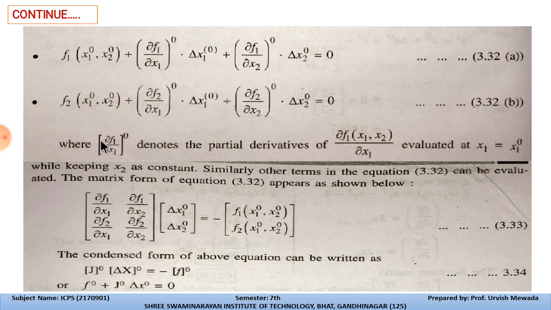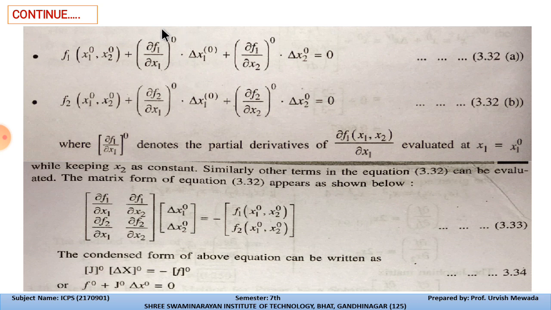Now del f1 by del x1 raised to 0 denotes the partial derivative, where the functions are of x1 and x2, and we are differentiating with respect to x1, evaluated at x1 equal to x1 raised to 0, while keeping x2 as constant. Similarly, the other terms in equation 3.32 can be evaluated.